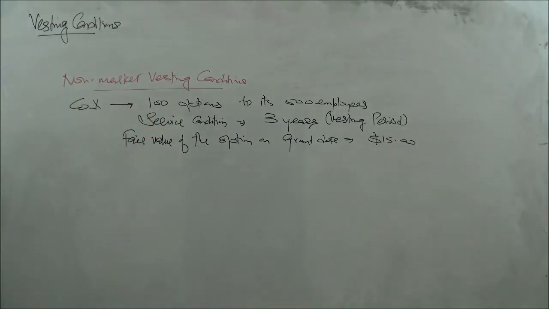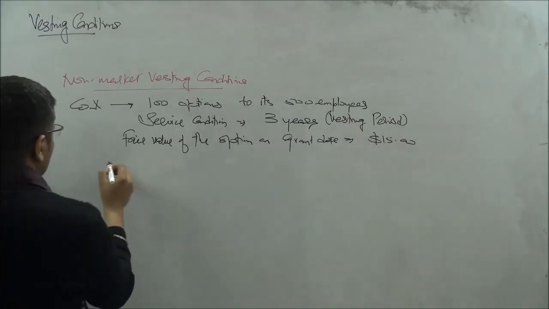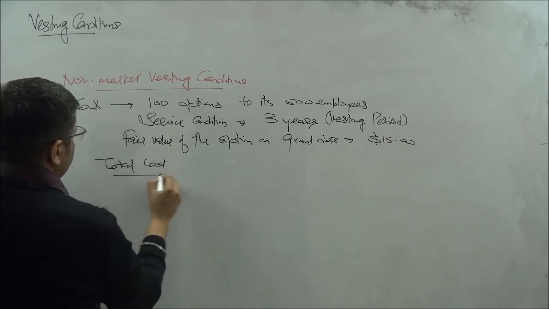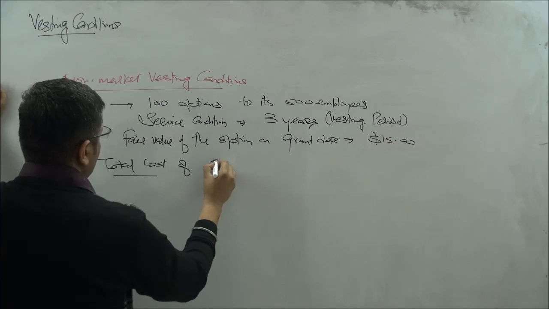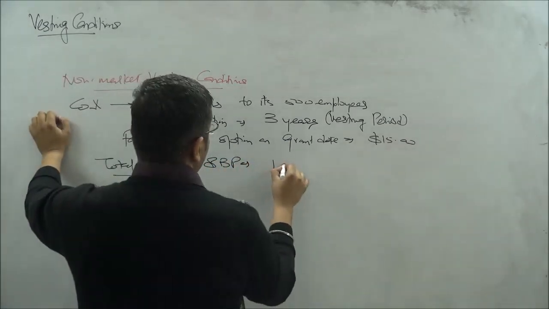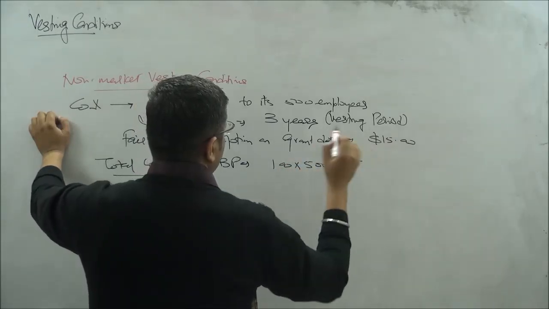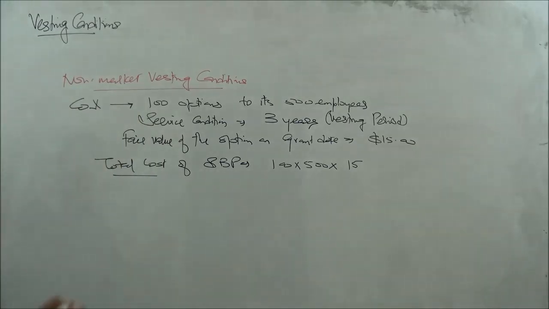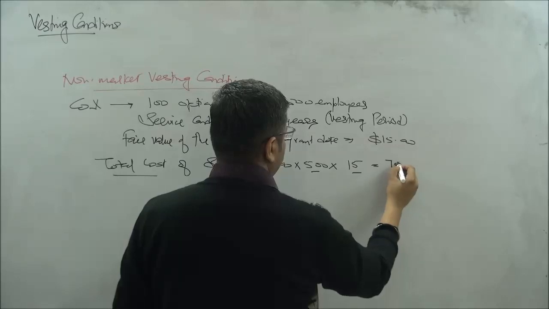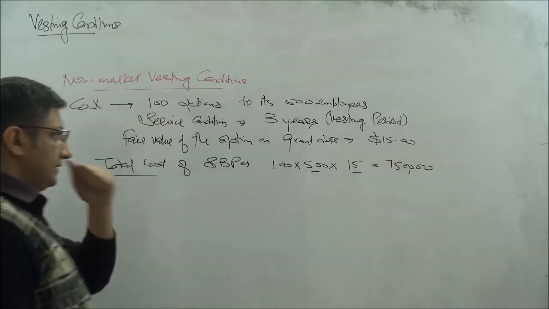So when we have got this figure, effectively we are saying that the total cost of the option or share-based payment ideally should be 100 into 500 into 15, right? Now this comes at, of course, 15 times 5 is 75, and we have 4 zeros, which makes it 750,000, right?